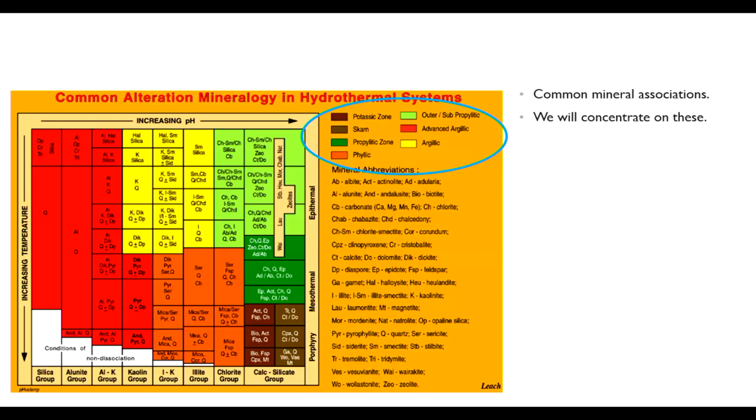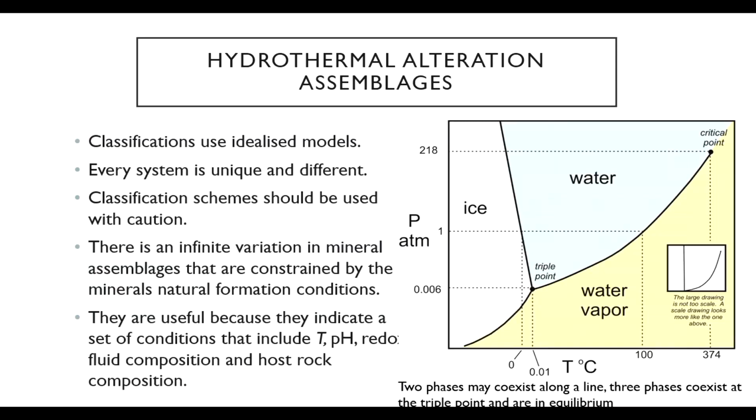So we sort of showed this diagram last week, and today I'm just going to talk a bit more about these types circled in blue here, and sort of what do we usually see and what characterises it. So yeah, like I said, these are idealised models. Every system's unique and different, so take some care with that.